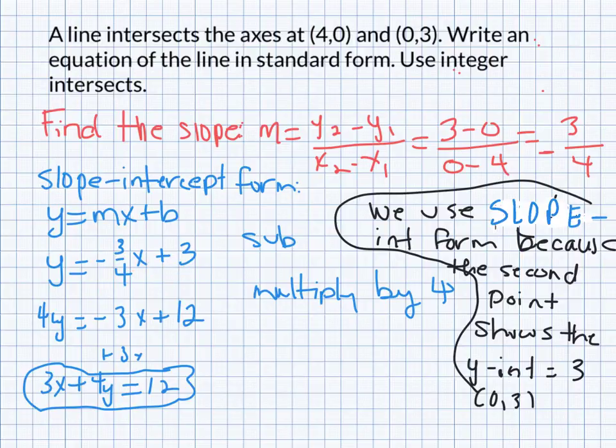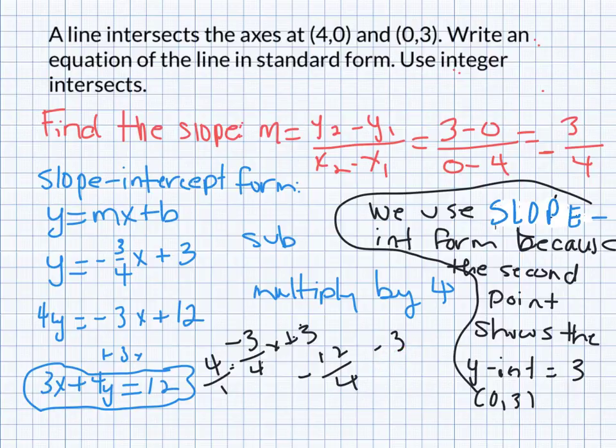I've substituted in. I now multiply both sides by 4 to get rid of the fraction. I did it right here, I scribbled it on here. To multiply the fraction side, you end up with 4 over 1 times negative 3 over 4. That comes out to be negative 12 over 4, and that equals negative 3.